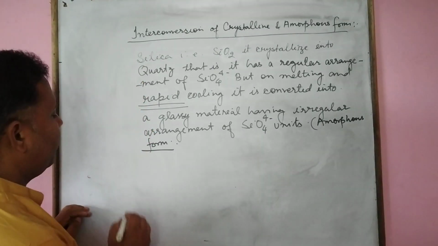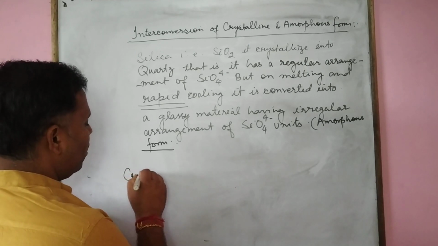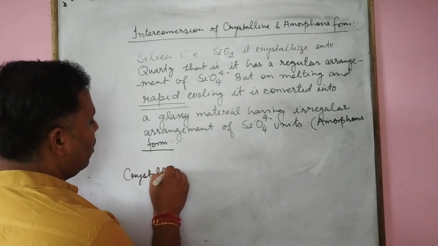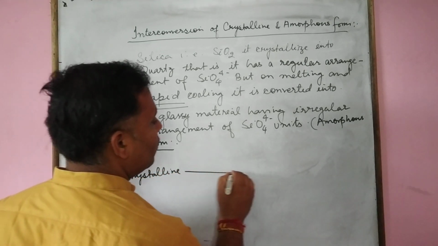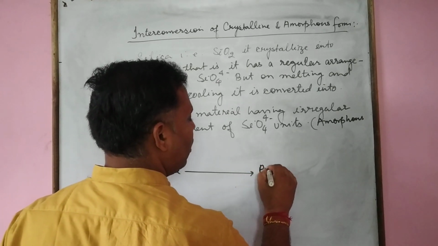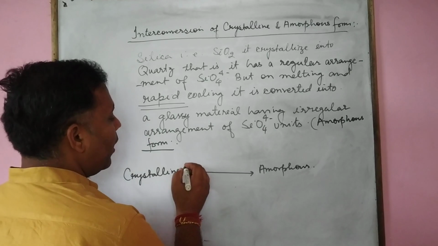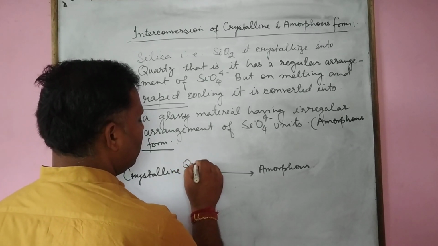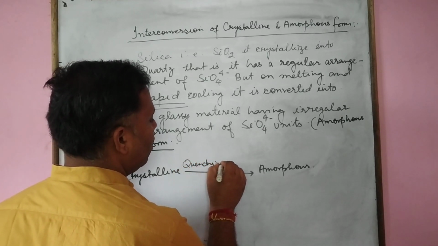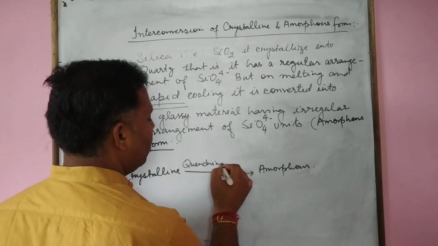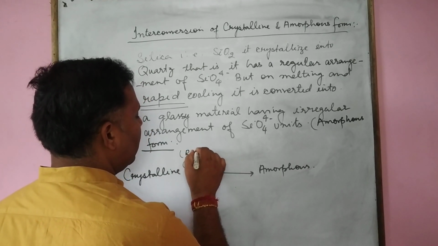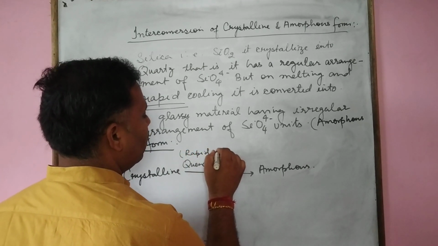What we got here? Crystalline is converted into amorphous by quenching, or you can say rapid cooling.